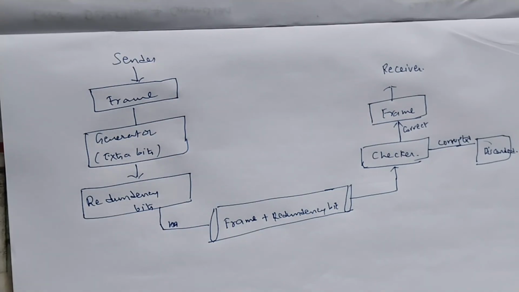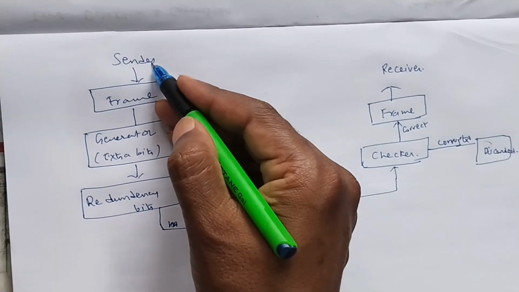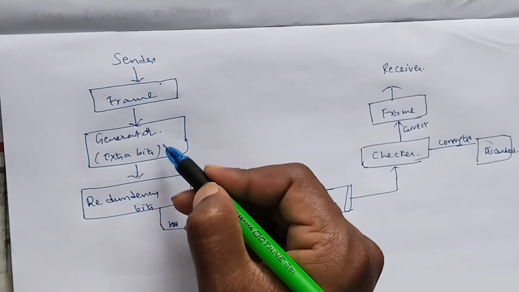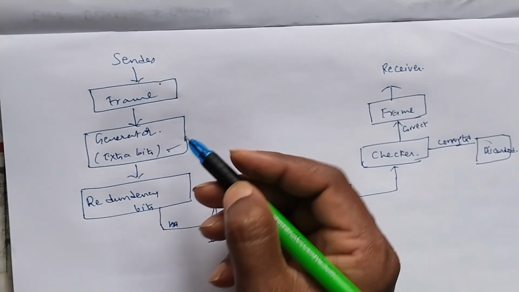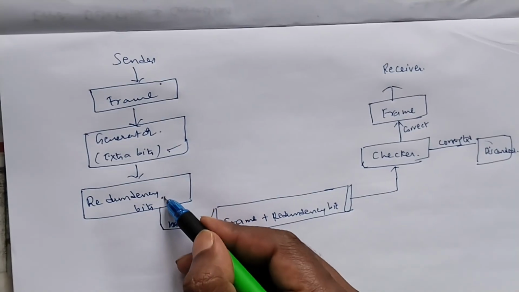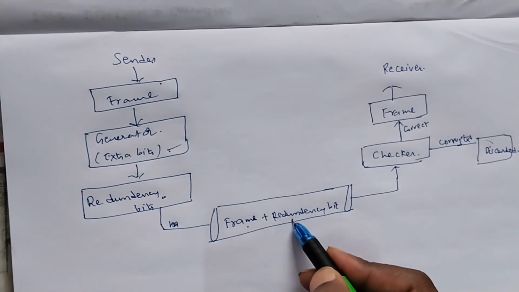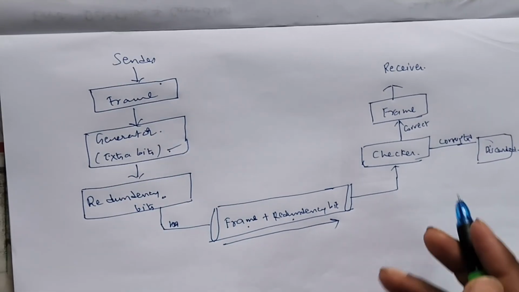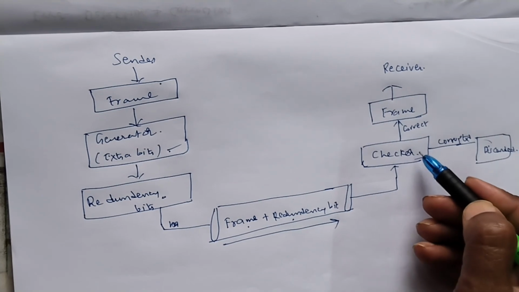This is the structure of how the sender sends and how the receiver receives. Here the sender sends a frame, and the frame goes to the generator block. The generator block generates the extra bits, which are called redundancy bits. These bits are added to the frame, giving frame plus redundancy. This message is delivered from sender to receiver, and on the receiver side there is one more block called the checker.